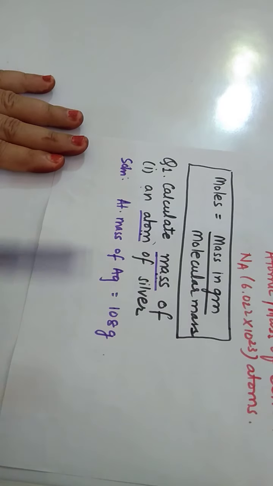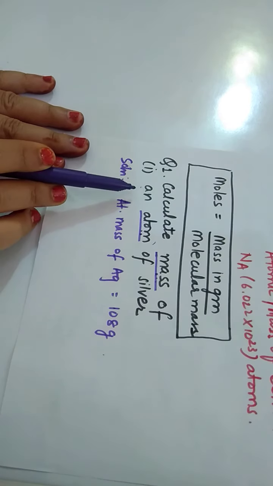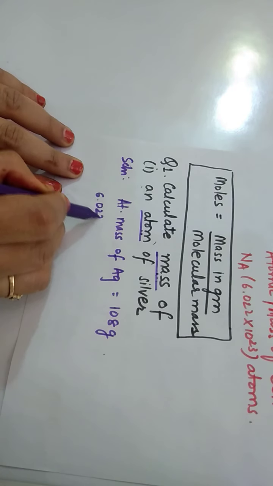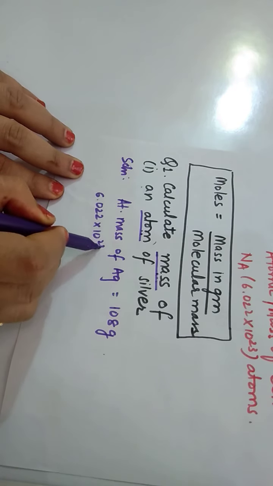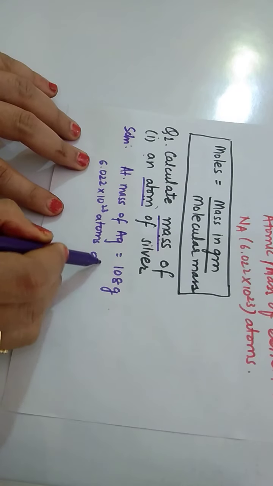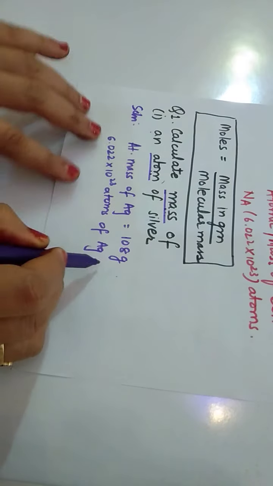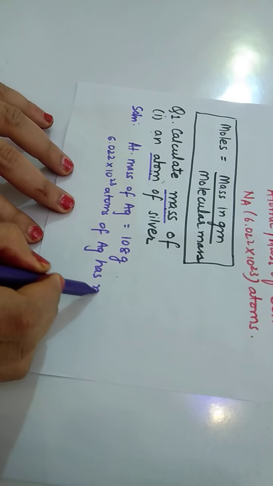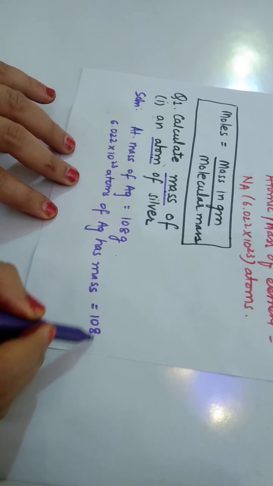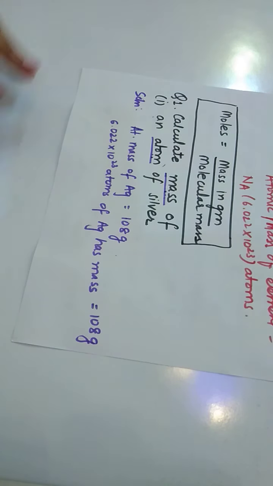Gram atomic mass you will write on the right side, and what you need to find with the help of it, you will write on the left side. So you can write that Avogadro number of atoms of silver has mass equal to 108 gram.